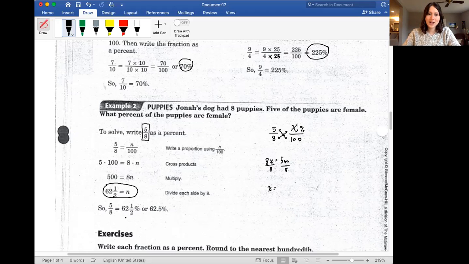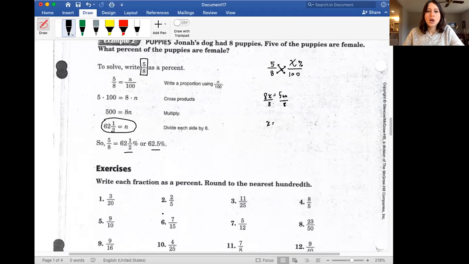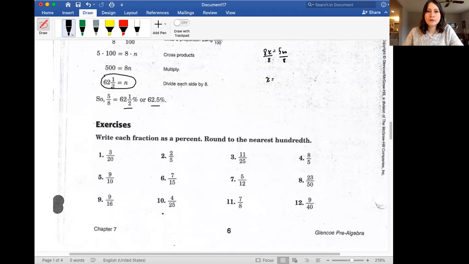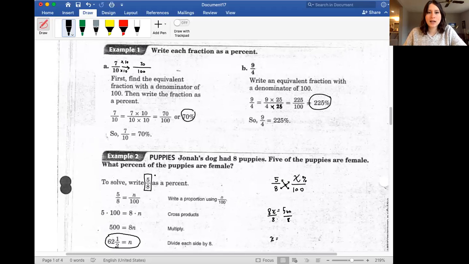So if you wanted to write it as a fraction or a decimal, either one is fine, but we know that 5/8 is equivalent to 62.5 or 62.5%. So you can do whichever way you feel like works the best for you. If you can very visually see that the denominator, there's a number you can multiply the denominator by to get 100, do that.